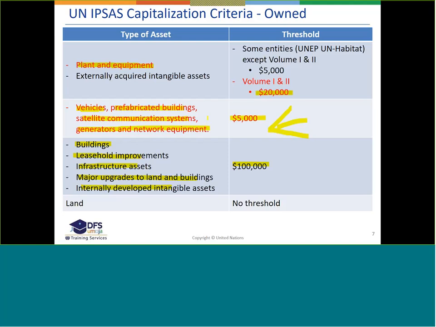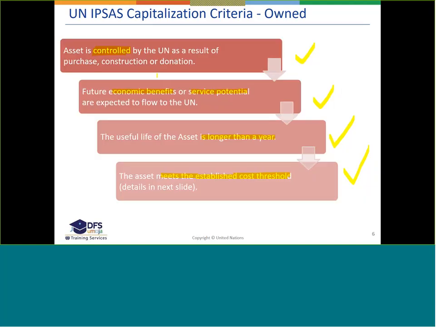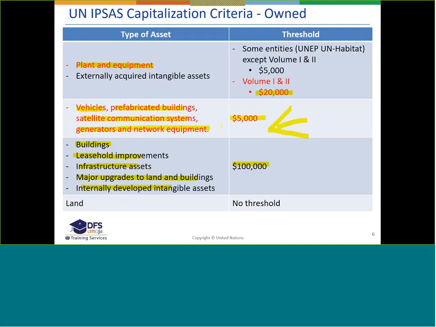If you have a scenario where the asset meets all the capitalization criteria, including the threshold, there should be an asset master record in the system, but it does not mean that there is an asset master record in the system.